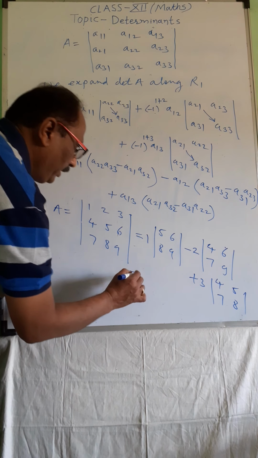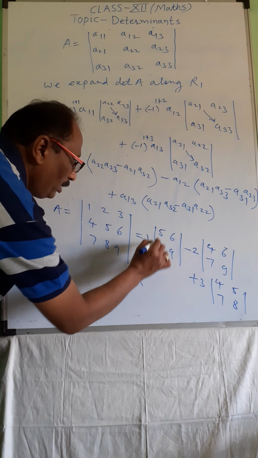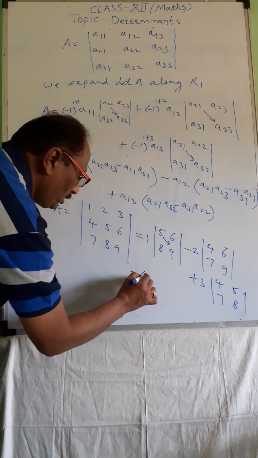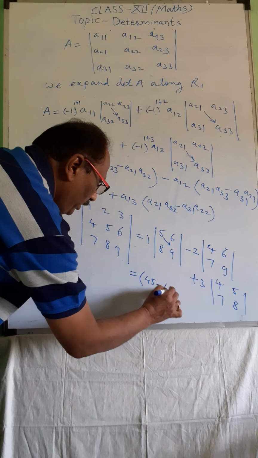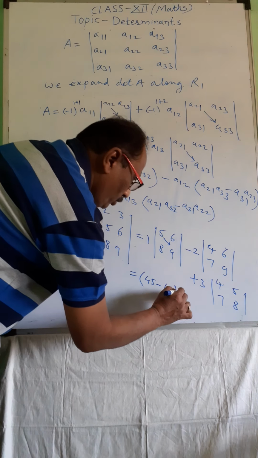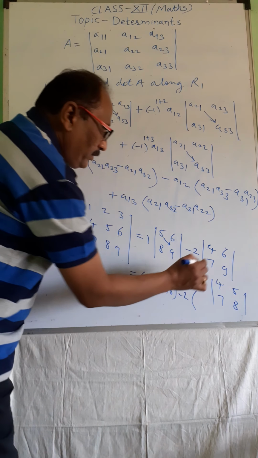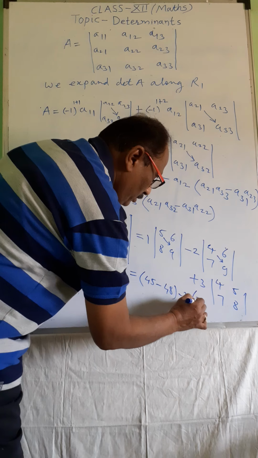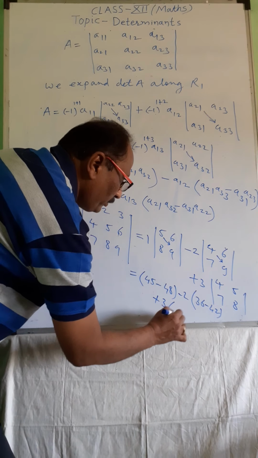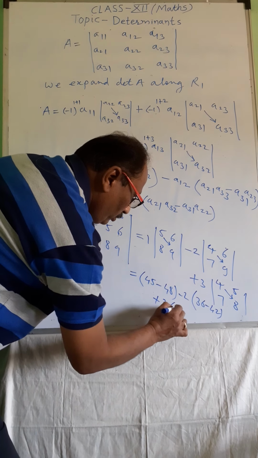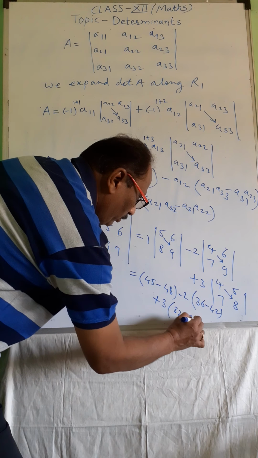Therefore it will be 1 into 5 into 9, that is 45 minus 48, minus 2 into 36 minus 42, plus 3 into 32 minus 35.